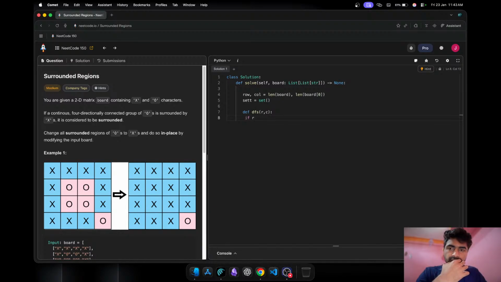Base case always remains the same. If R is less than 0 or R is greater than or equal to row, or C is less than 0 or C is greater than or equal to col, or board of R and C is not equal to O, then we will return.